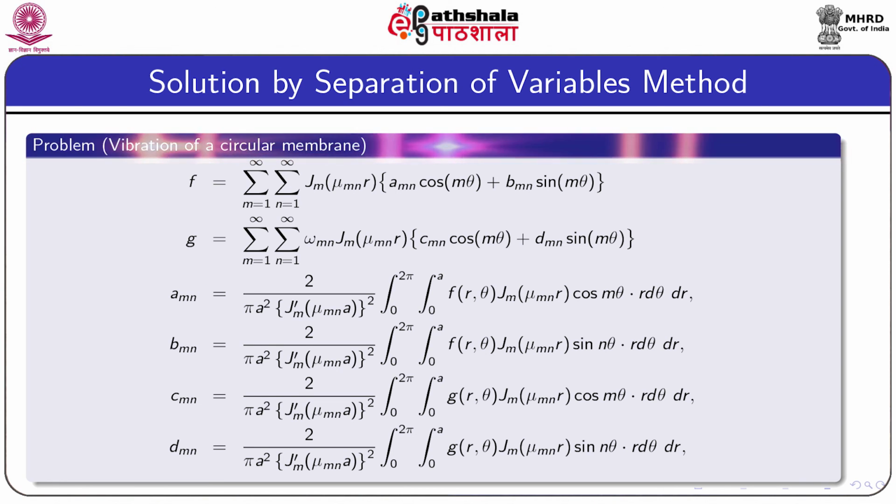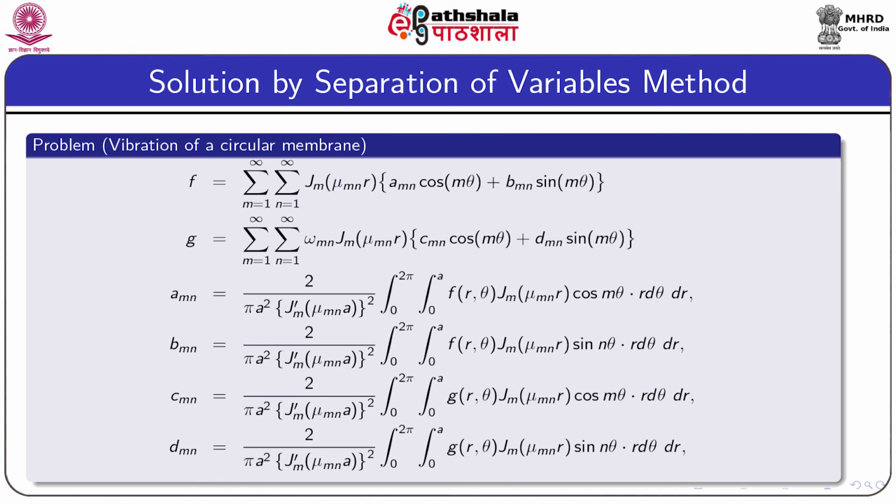If you notice these two expressions, you can see that these are nothing but double Bessel and Fourier series. So, to obtain the values of a mn, we need to multiply the first equation on both sides by J m mu mn r into cos m theta into r, then integrate from 0 to a for r and from 0 to 2 pi for theta.